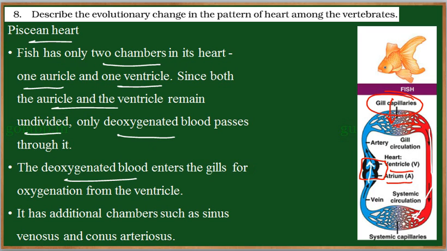Now in the tissue, again the oxygen is consumed by the cells. Now the blood becomes again deoxygenated and this will be pumped back to the heart. So the circulation continues. So a Piscean heart has got 2 chambers, auricle and ventricle. It receives deoxygenated blood and it pumps the same deoxygenated blood, but oxygenation is taking place in the gills. This is about the Piscean heart.